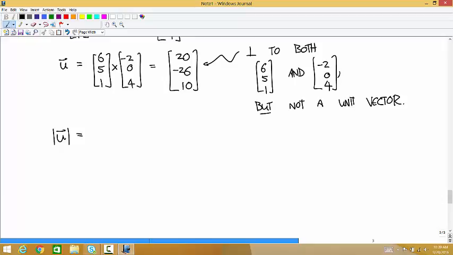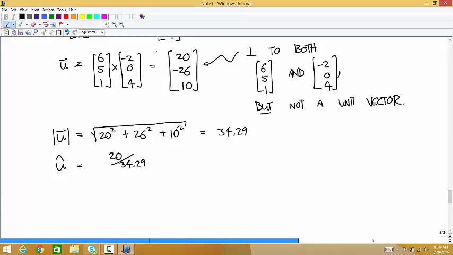The magnitude of this is the square root of 20 squared plus 26 squared plus 10 squared. What is it? 34.29. And then the unit vector is 20 over 34.29, negative 26 over 34.29, and 10 over 34.29.